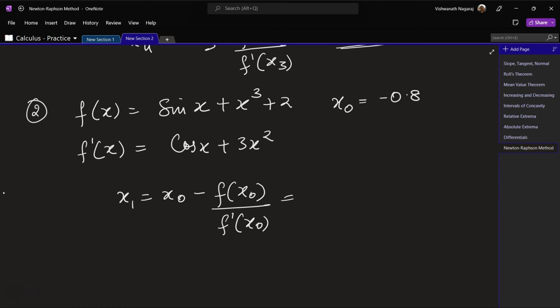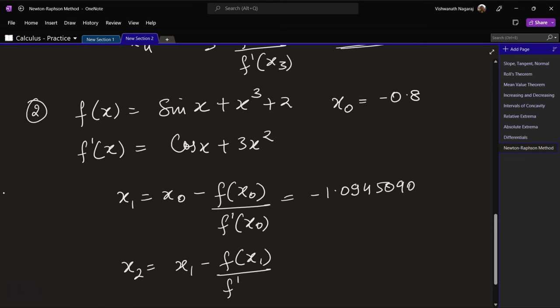Now x1 is equal to x0 minus f of x0 by f prime of x0. Now that you have seen what we have to do, I'll just directly write the result. Minus 1.094590. Okay, now x2 will be x1 minus f of x1 by f prime of x1. This would give us minus 1.045186.